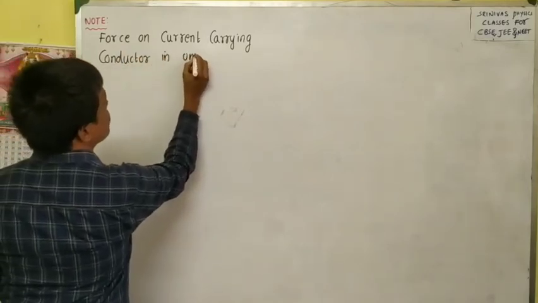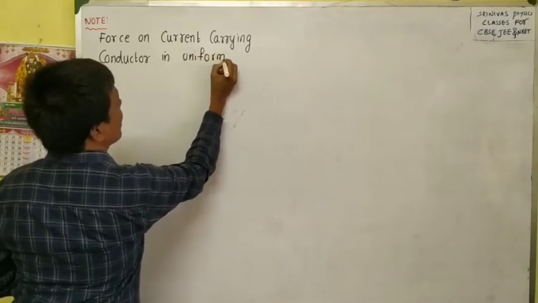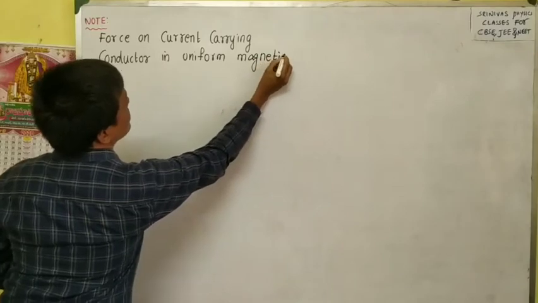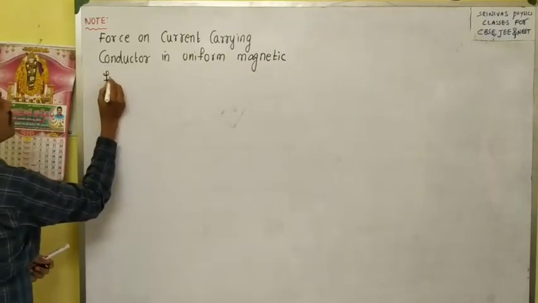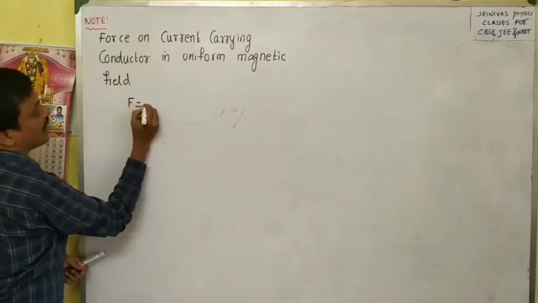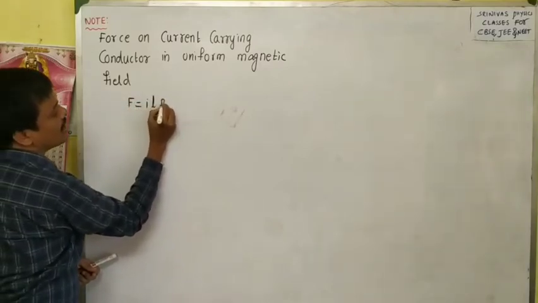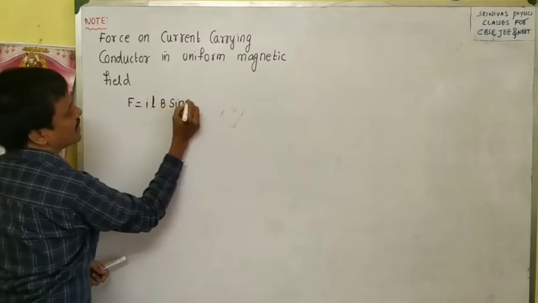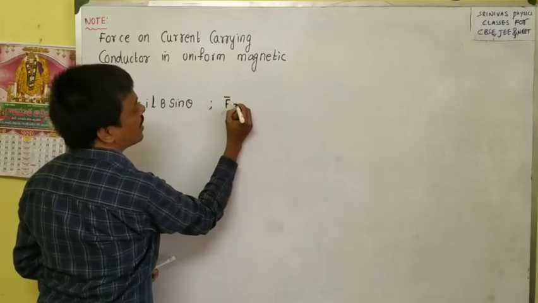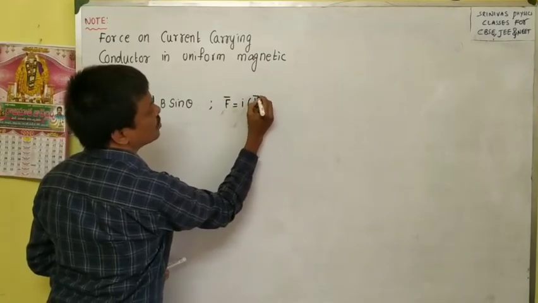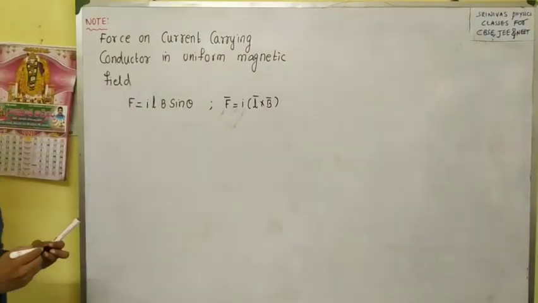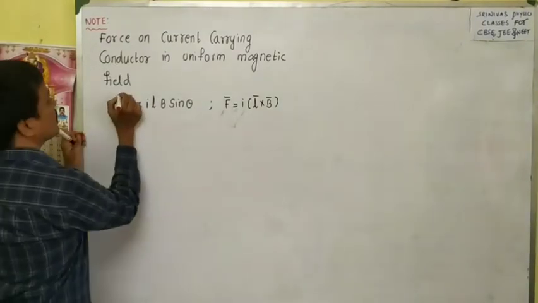We derived just now that the force formula is I L B sin theta, right? In vector form, if you want to write, F bar is equal to I into L bar cross B bar. This we derived. This is a very important formula.